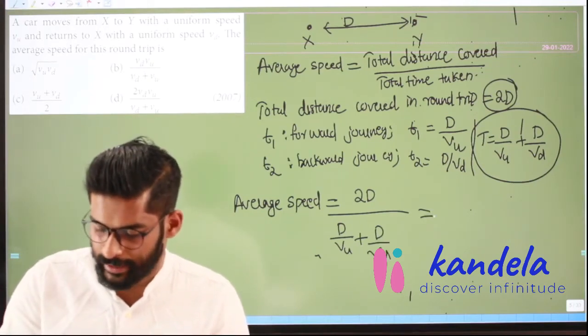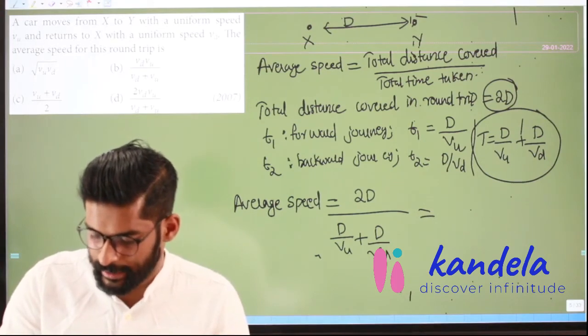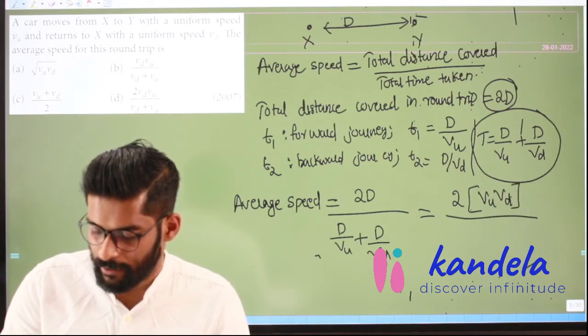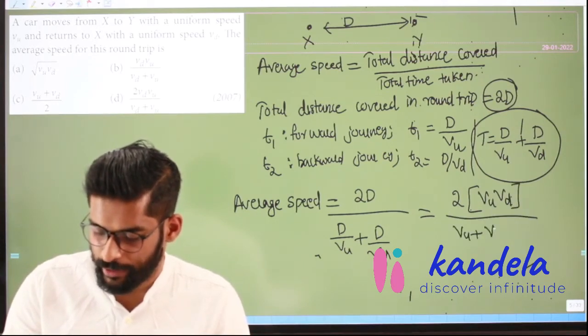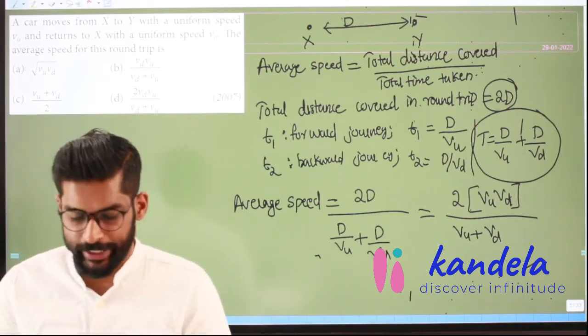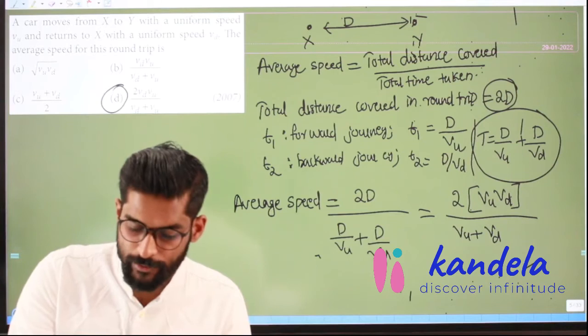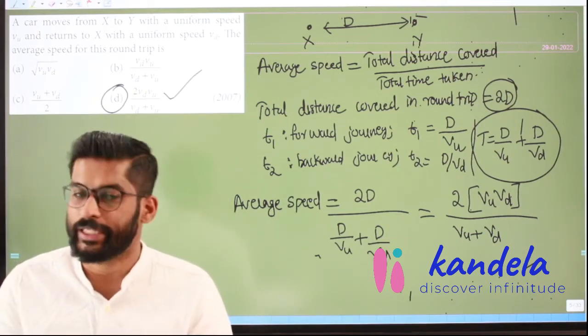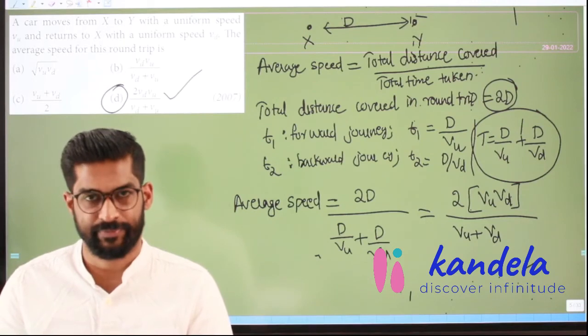Simplifying, d and d will get cancelled, so we'll get 2 Vu Vd divided by Vu plus Vd. Now if you look, option D is the one which is similar to what we got as our final answer. So option D is our correct answer.